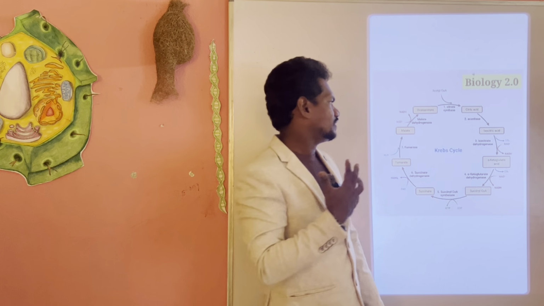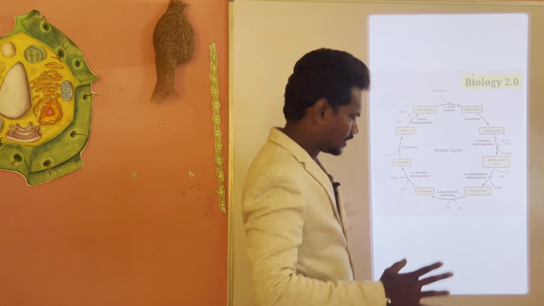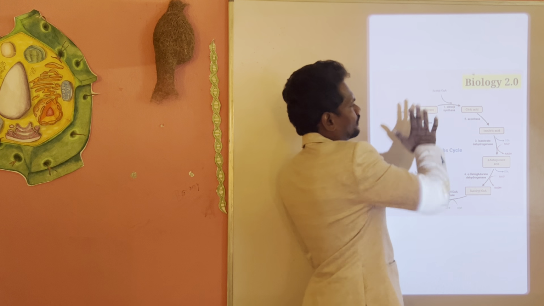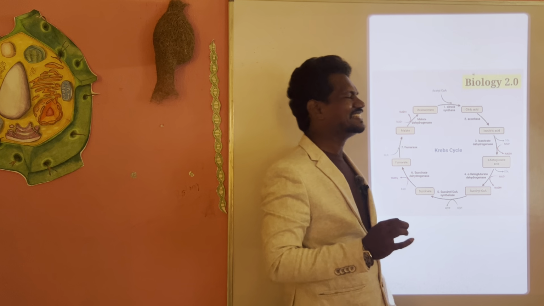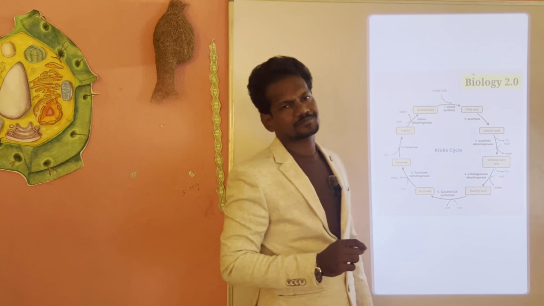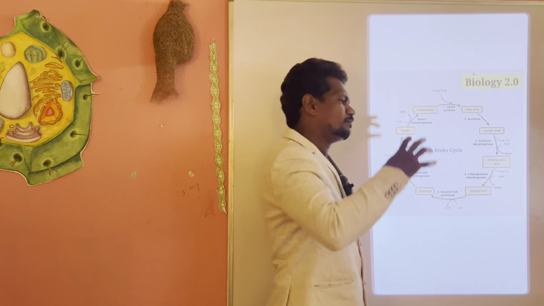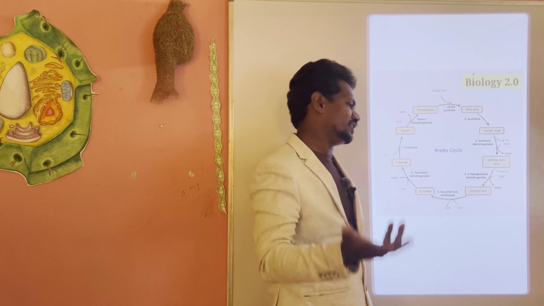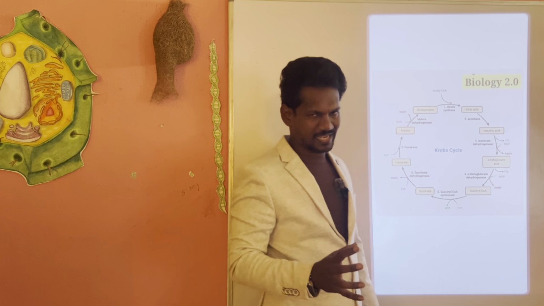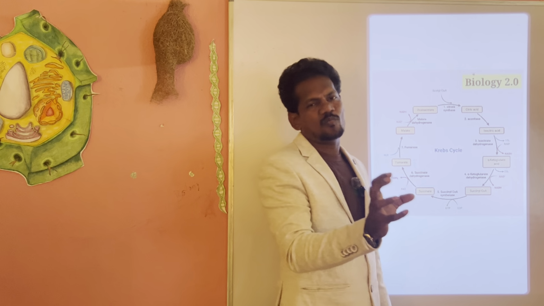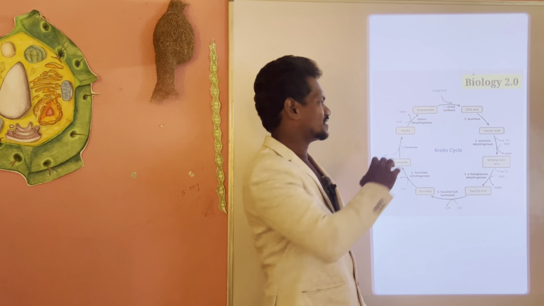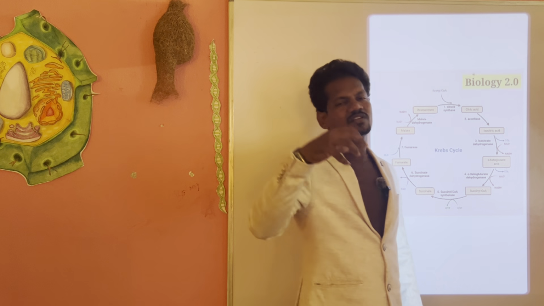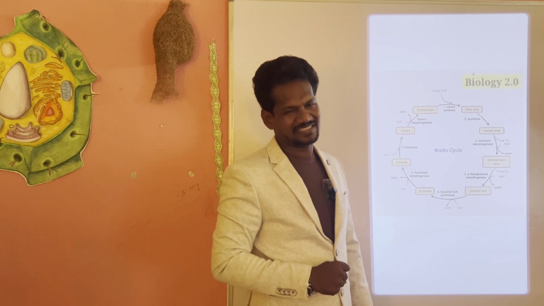So get ready, I shall start now. The Krebs cycle firstly starts with acetyl CoA. Here, pyruvic acid is converted into acetyl CoA with the help of a combination of different products. I shall tell that in one short video, not in this video.